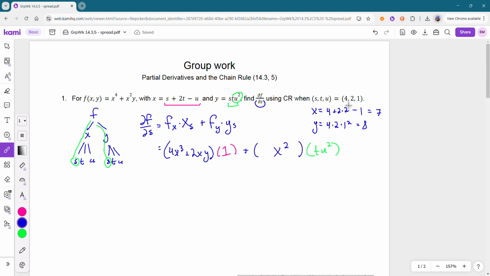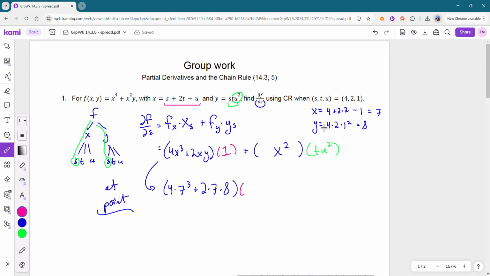So here we can take these values and feed them in. So at our point, I'll say, just so I don't have to write all those values for s, t, u, x, and y, we get 4 times 7 cubed plus 2 times 7 times 8, and times 1.